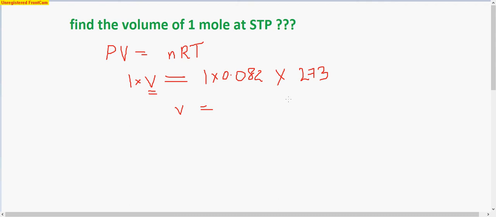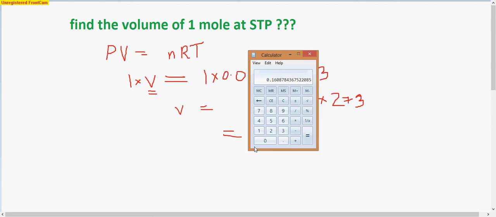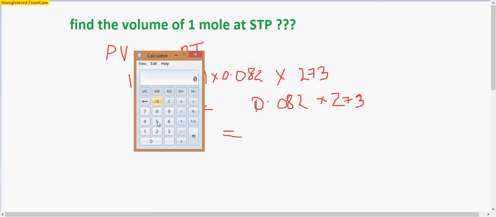Now what is the volume? We don't have to consider these two ones. It's actually 0.082 into 273. That's the volume. Okay, let me take my calculator. 0.082 into 273, 22.86.